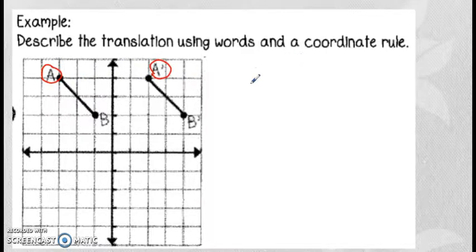Therefore, we are not moving up or down at all. What we are doing is we are translating. And our pre-image is where we start. Our image is to the right of the pre-image, so we moved right, and then we need to count 1, 2, 3, 4, 5 spaces.